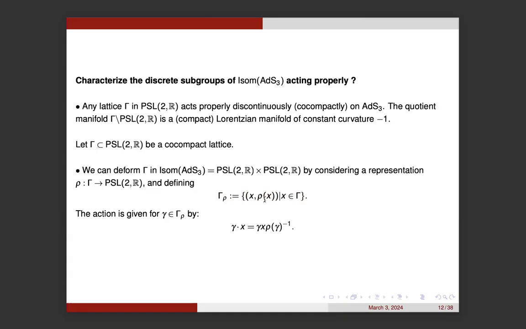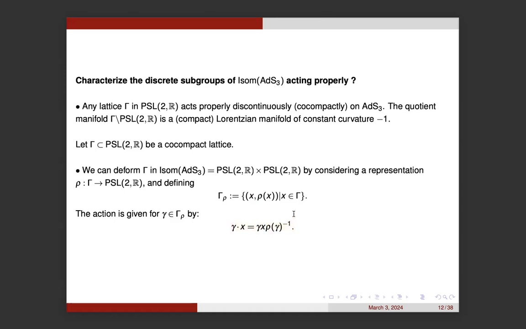So now, given gamma and fixing some representation of gamma in PSL(2,R), I can define this group. Of course, this subgroup of the isometry group is discrete because the first component here is discrete. And it acts this way.